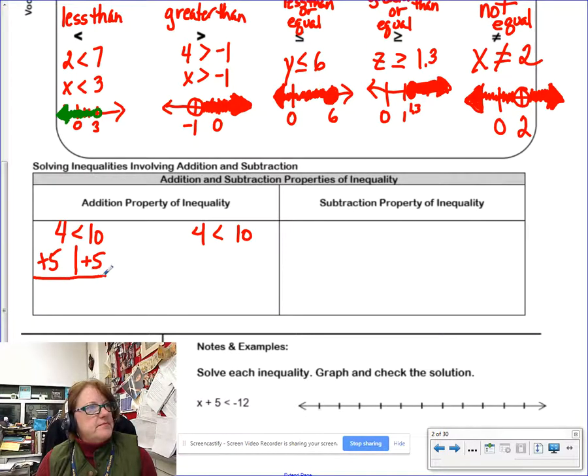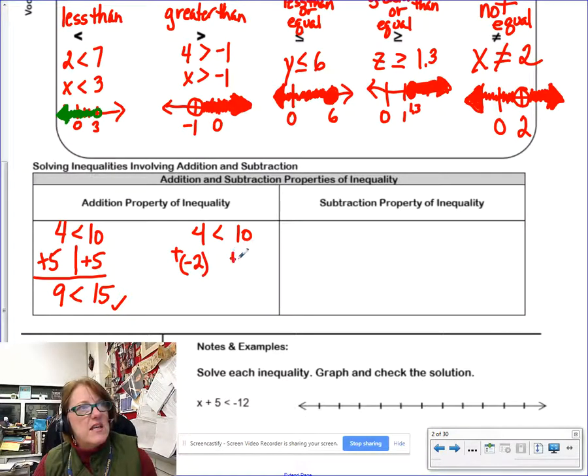Now, when I do that, I change the inequality because now it says 9 and now it says 15. Is the less than relationship still true here? Is 9 less than 15? Yeah, that works. What if I added a negative number? Let's add negative 2 to this side, and let's add negative 2 to this side. Do the same thing. Be fair.